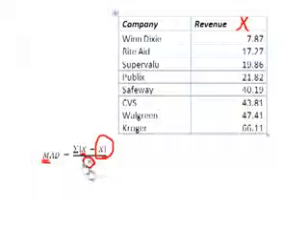Remember, that's how we did a regular average. Remember that since it's an absolute deviation, we're going to take the absolute value of each one of these results, so that we don't end up with a 0. So let's see what our mean ends up being.